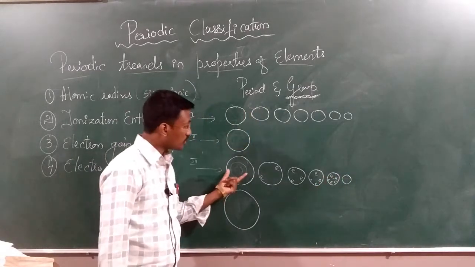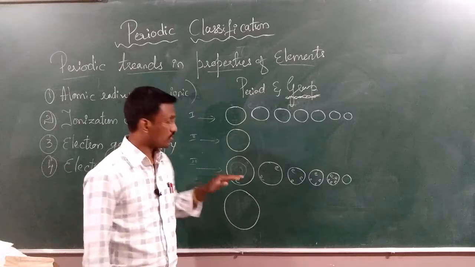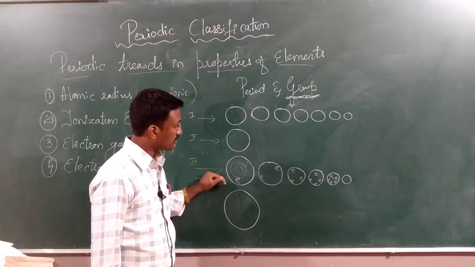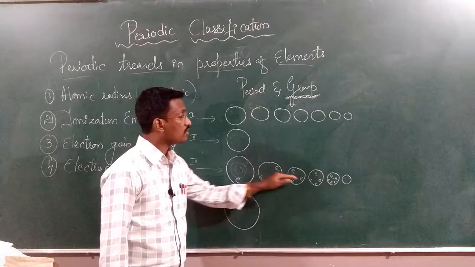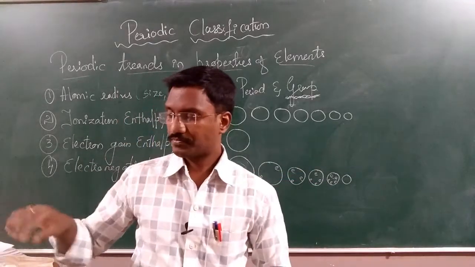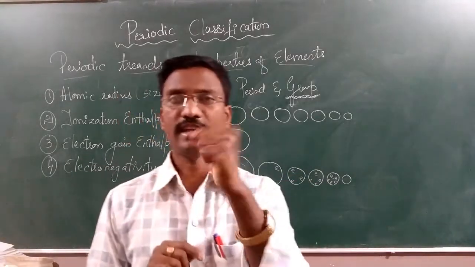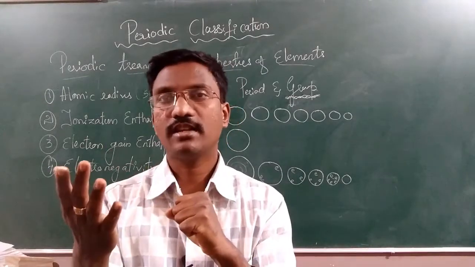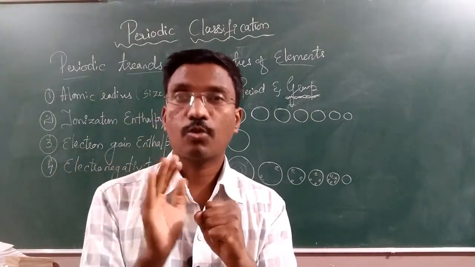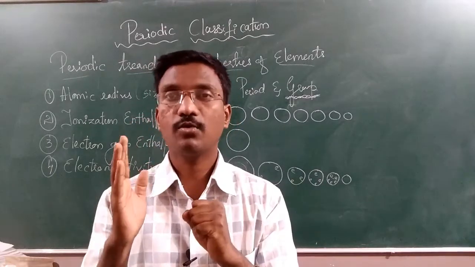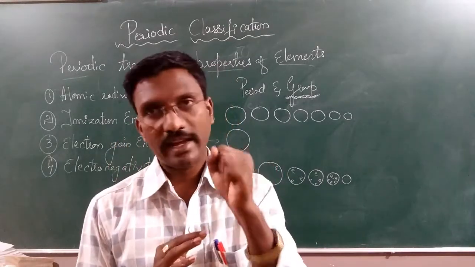The number of shells does not undergo any change because the shell remains the same in the period. But the number of electrons is increasing in the particular shell. In the center is the nucleus, and protons are there. As the number of electrons increases, protons also increase simultaneously. Why? Because the number of electrons should be equal to the number of protons. How many electrons are there?